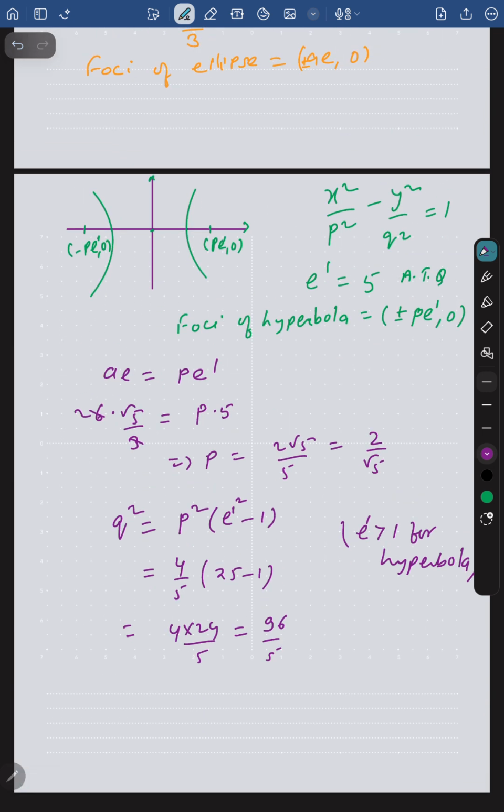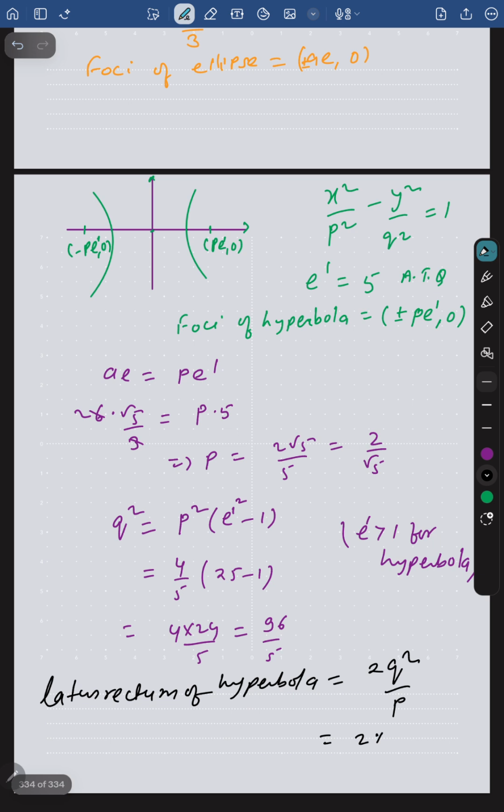But our question is about the latus rectum of the hyperbola. The formula is the same, 2b square upon a. Here b square means q square, so it is 2q square upon p.